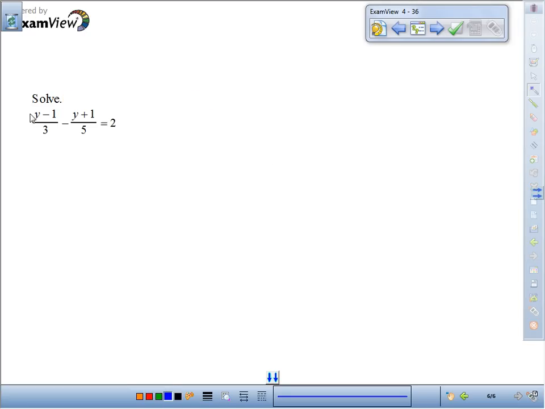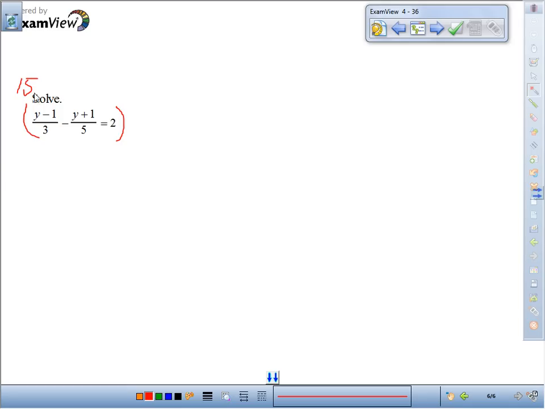It says solve y minus 1 over 3 minus y plus 1 over 5 equals 2. So this one, since we don't have a fraction equal to another fraction, and we don't want to work with fractions throughout, let's get rid of the denominators. Therefore, we need to find our least common denominator, which is what? 3 times 5, that's 15. So we multiply everything times 15.